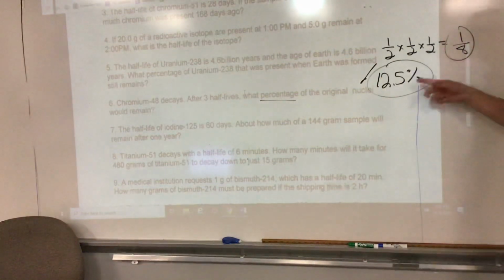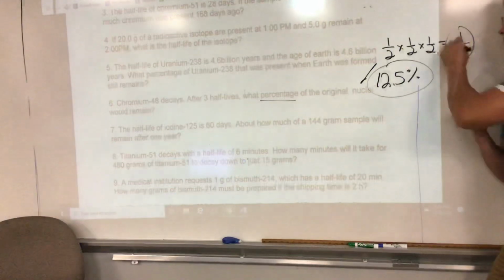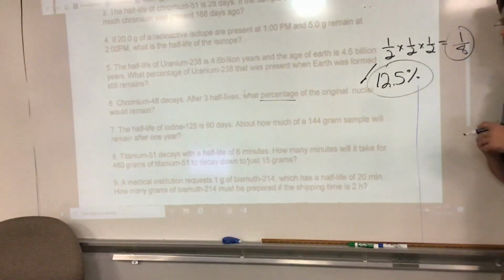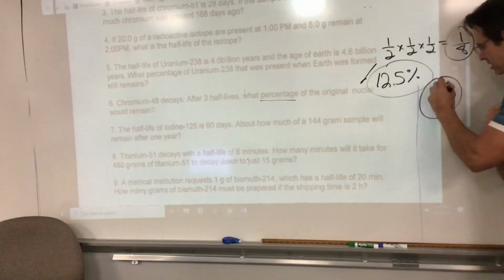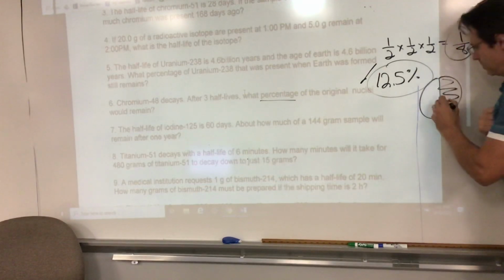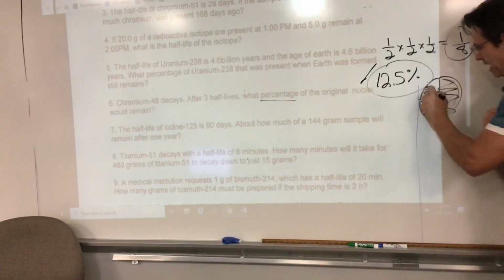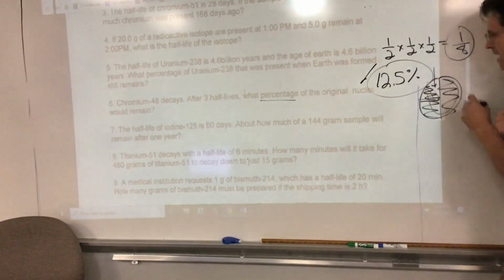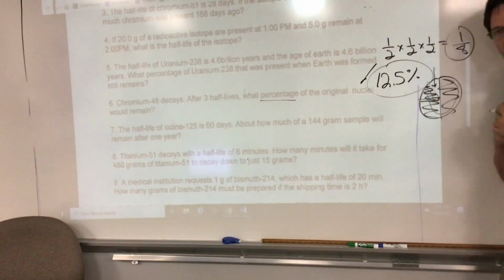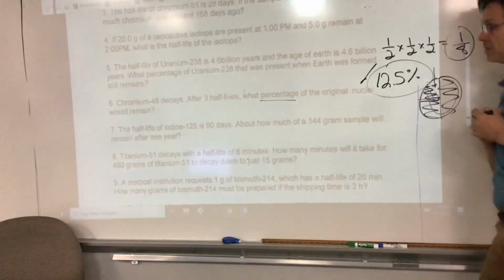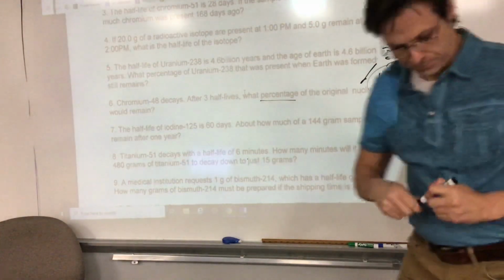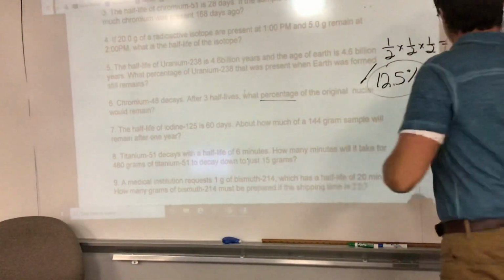So 1/8 is the same as 12.5%, like on a pie graph. There's 1, 2, 3 half-lives, so this is 1/8 or 12.5% of the entire original mass. So number 6 is 12.5. All right, moving along. Doing good.